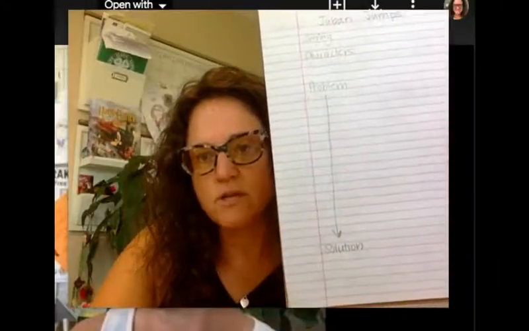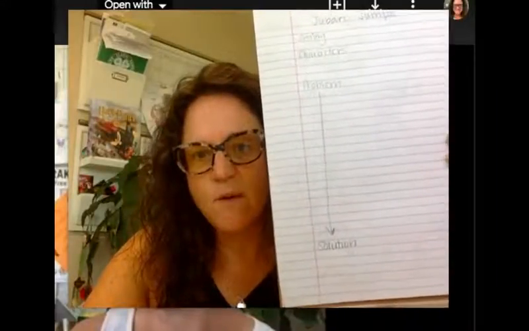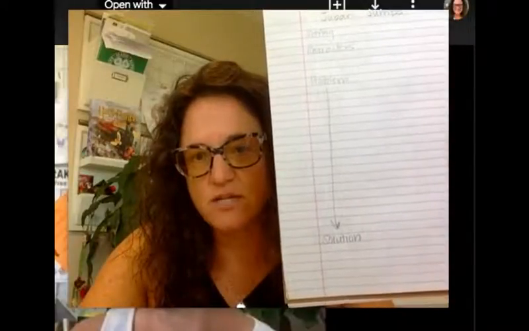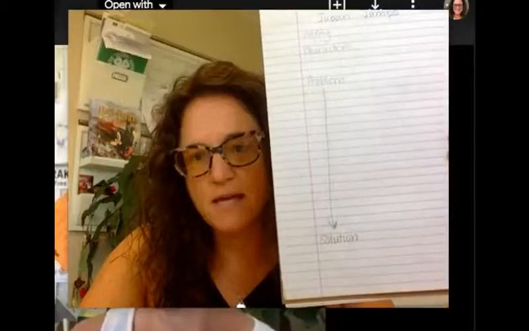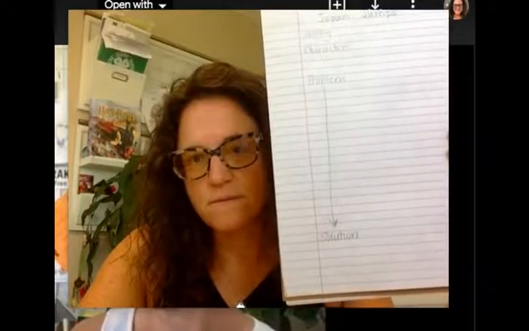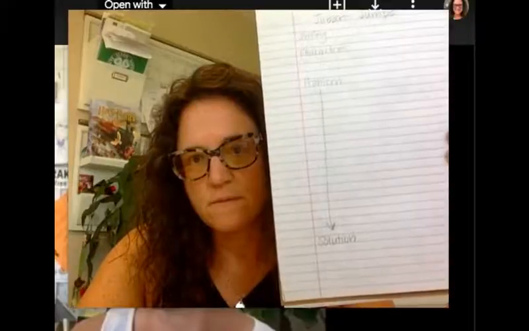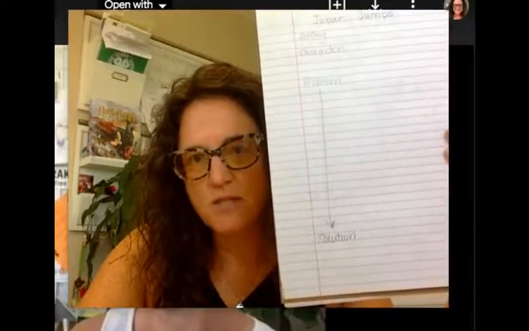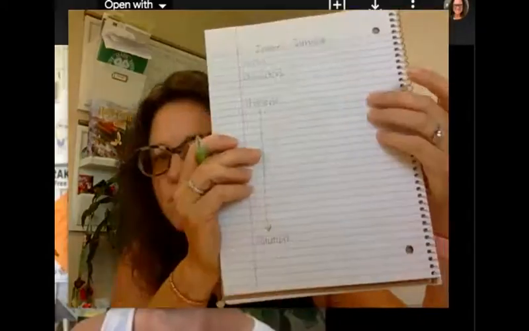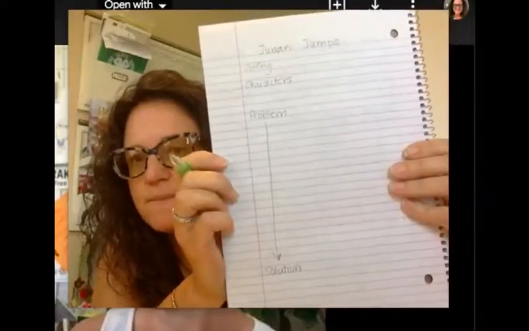Problem and solution. It's really small, so if you want to look back at your previous page for Ish, you can do that. And Jason, what comes over here? What do we put over here on this side of our story map?